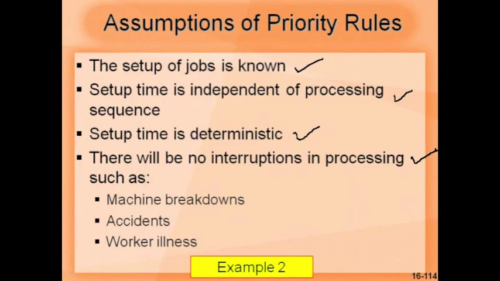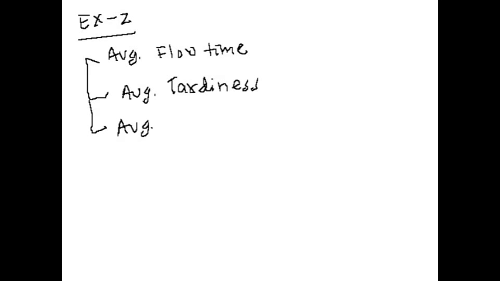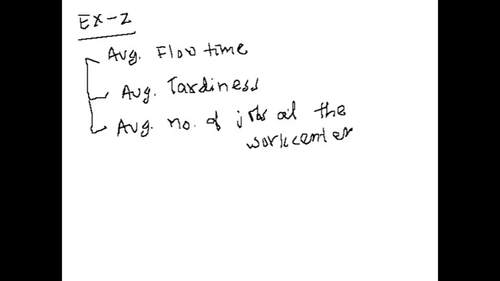So you can look at example 2 from your book. Different metrics can be calculated, like average flow time, average tardiness or delay, and average number of jobs at the workstation or work center. These three metrics are calculated for rules like first come, first served, and so on.